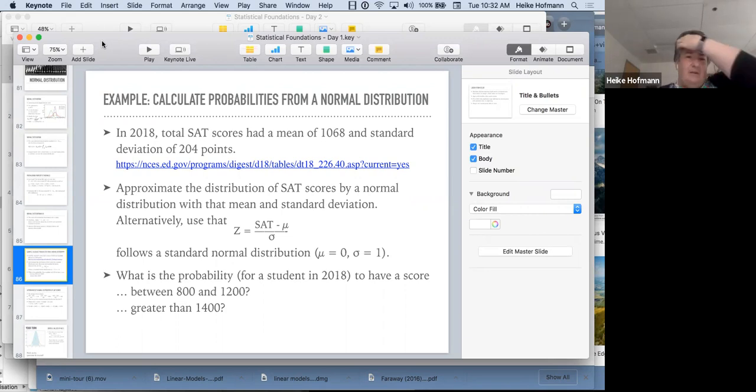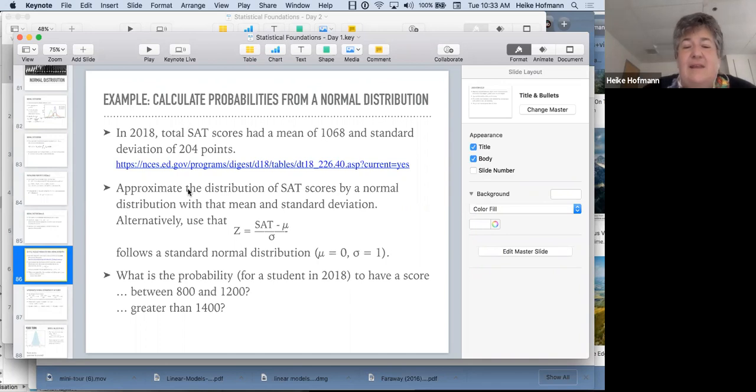So let's have a look at some SAT scores. Results from the 2018 SAT scores had a mean of 1,086.68 and a standard deviation of 204 points. So let's assume that the distribution of the SAT scores is a normal distribution with those mean and standard deviation.